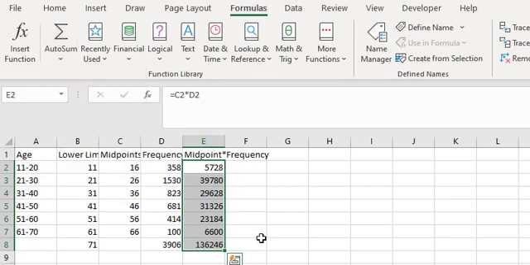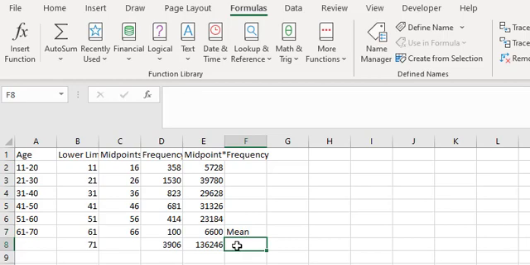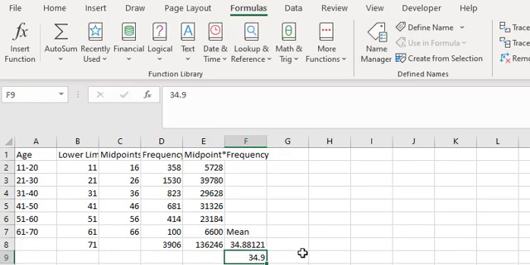Now if I want to find the mean, so mean will be the sum of midpoints times frequency divided by the total frequency. Now round this value to one decimal place, so it will be 34.9. So this is the mean.